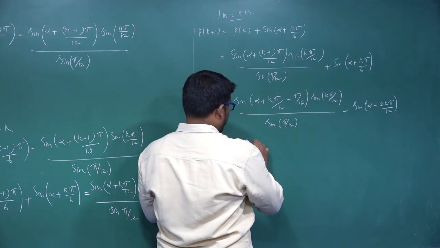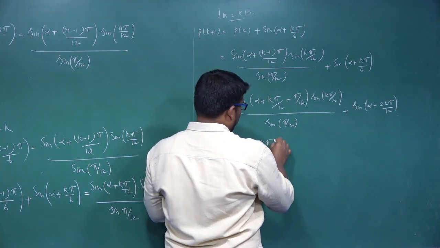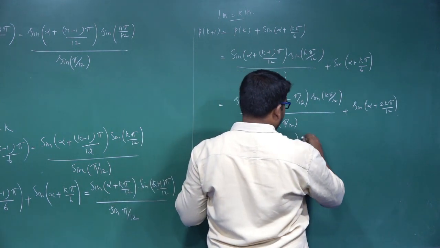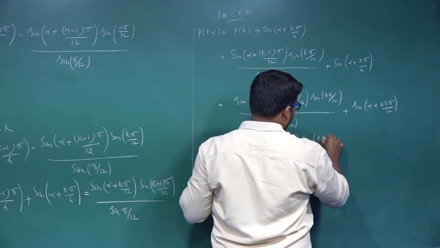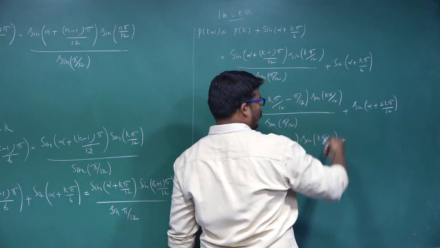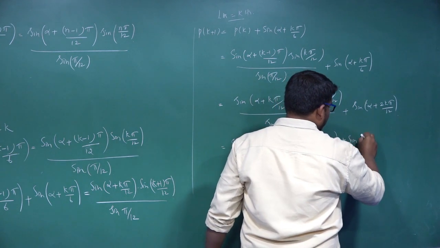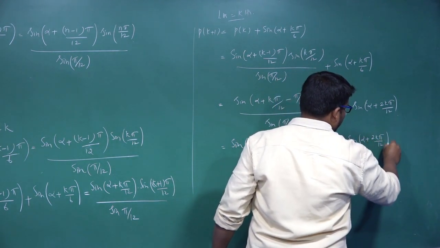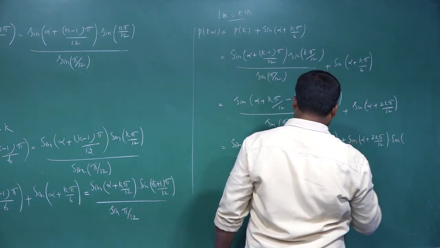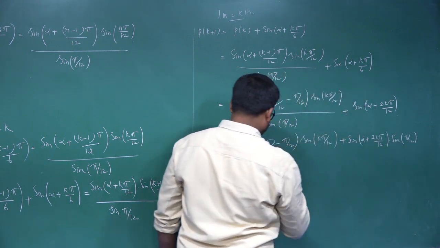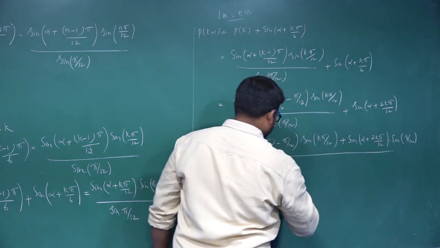Sine of alpha plus k pi by 12 minus pi by 12 into sine of k pi by 12, plus, now cross multiply, sine of alpha plus 2k pi by 12 into sine pi by 12, all divided by sine pi by 12.